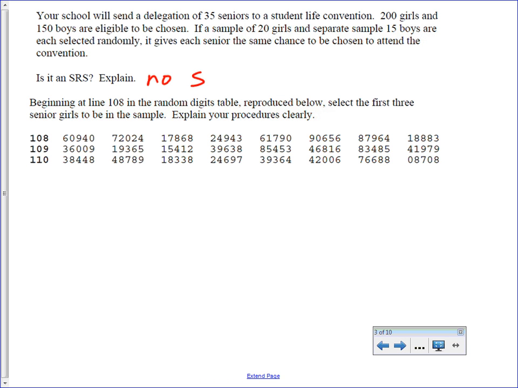No, it is a stratified random sample. Because remember, in an SRS, every single possible combination in the population has a chance to be chosen, and there's no way we could get a sample of 35 girls or 35 boys.